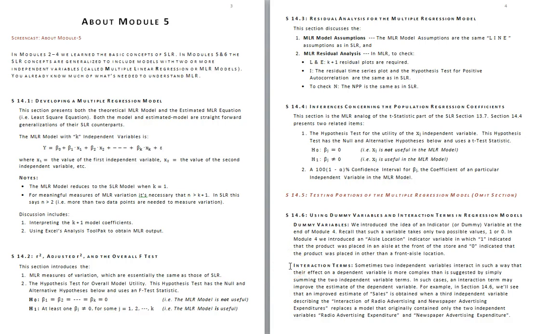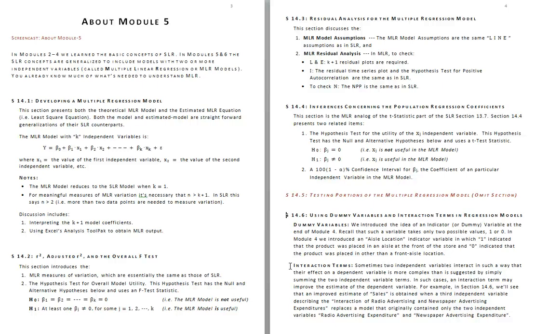In section 14.6, the new material involves creating and using an interaction independent variable. We do this by multiplying two existing independent variables.